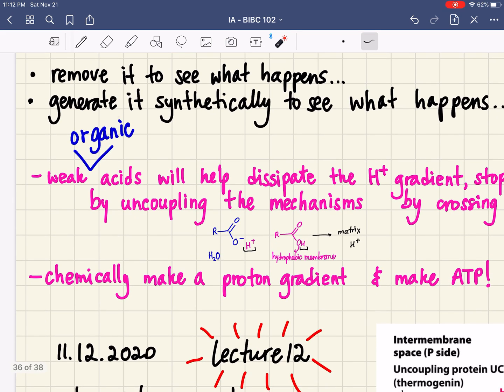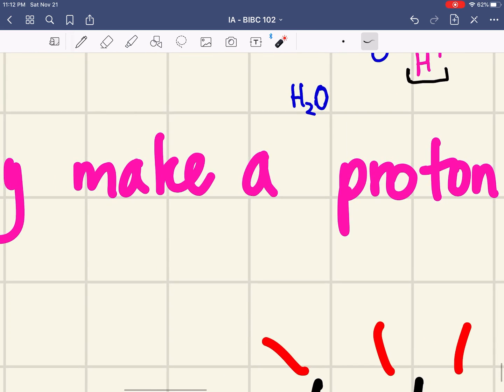And to generate a synthetic electrochemical gradient, I believe the example Professor Hampton gave was to use bacteriorhodopsin. Bacteriorhodopsin is a membrane protein that, upon light, pumps protons into the matrix. I can draw it quickly.